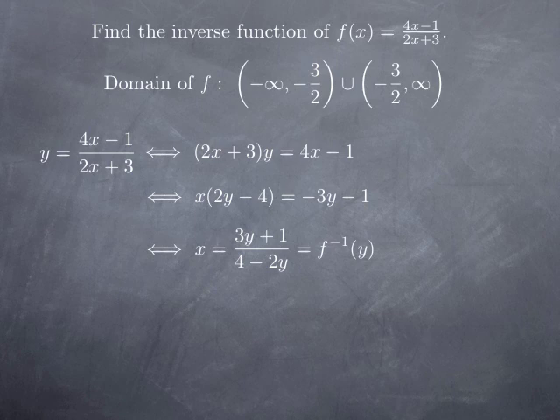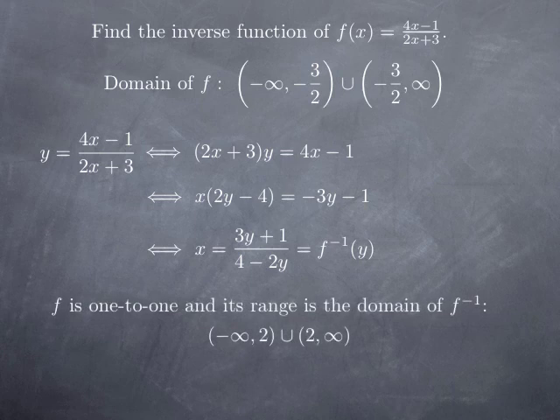And so I started from y equal f of x, and I obtained x equal a function of y, and that's by definition f inverse of y. Because I have found a unique formula for x as a function of y, that means that the function f was 1-to-1, and this is the expression for f inverse.